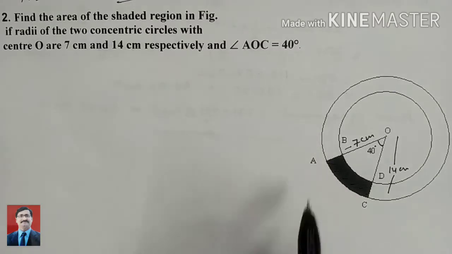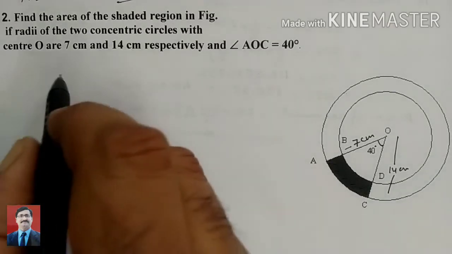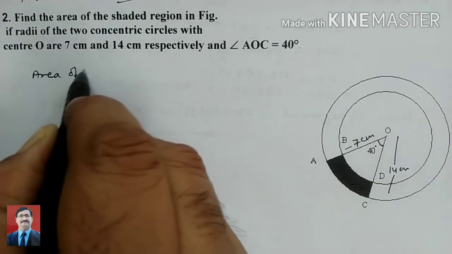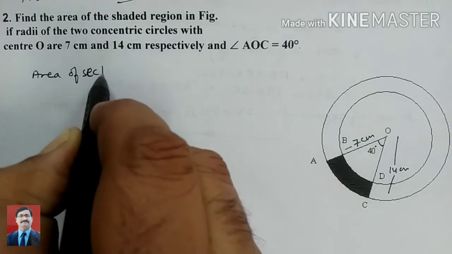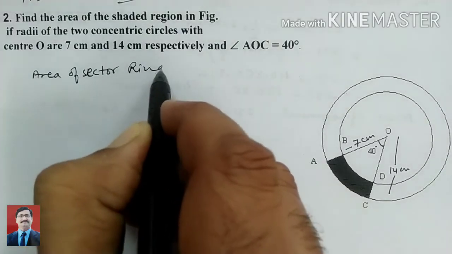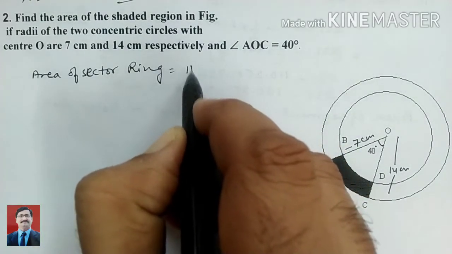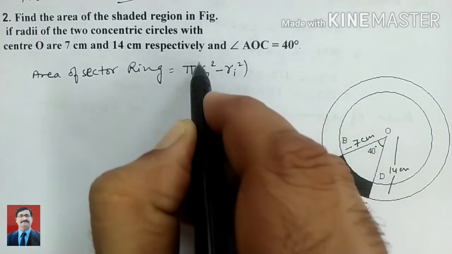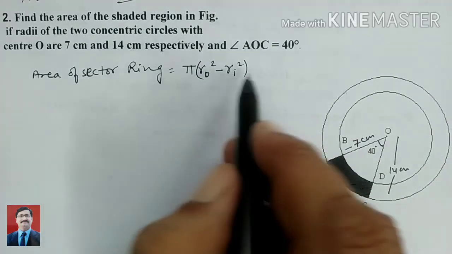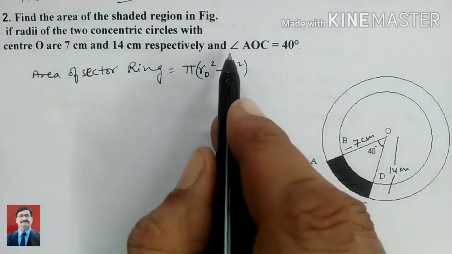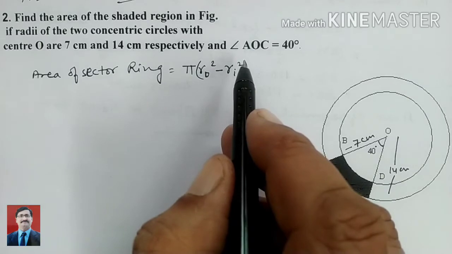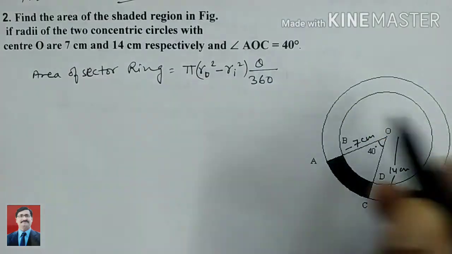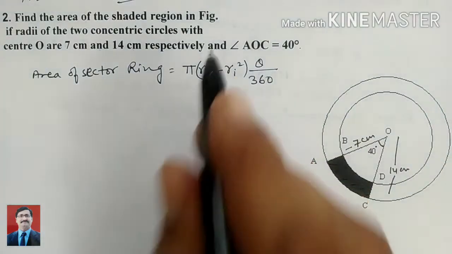Now look here, we should know this is a ring, so the area of the sector of the ring is equal to pi times r outer square minus r inner square, multiplied by theta upon 360, meaning the total angle is 360 and from that you take theta.